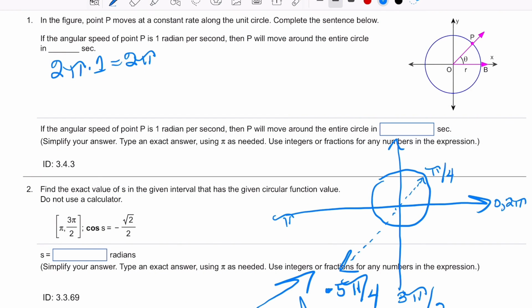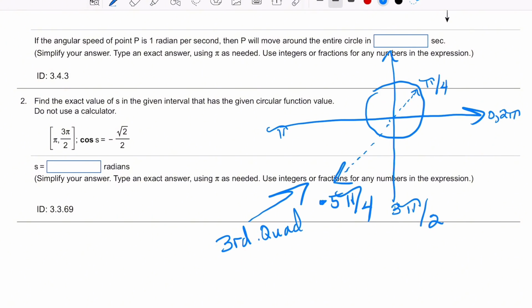All right, so number one, you just need to be concerned with the point P moving around the circle. And when we are talking about one complete circle, it's 2 pi. Finding the exact values in number 2, we're going from pi to 3 pi over 2, so we're only talking about that region.